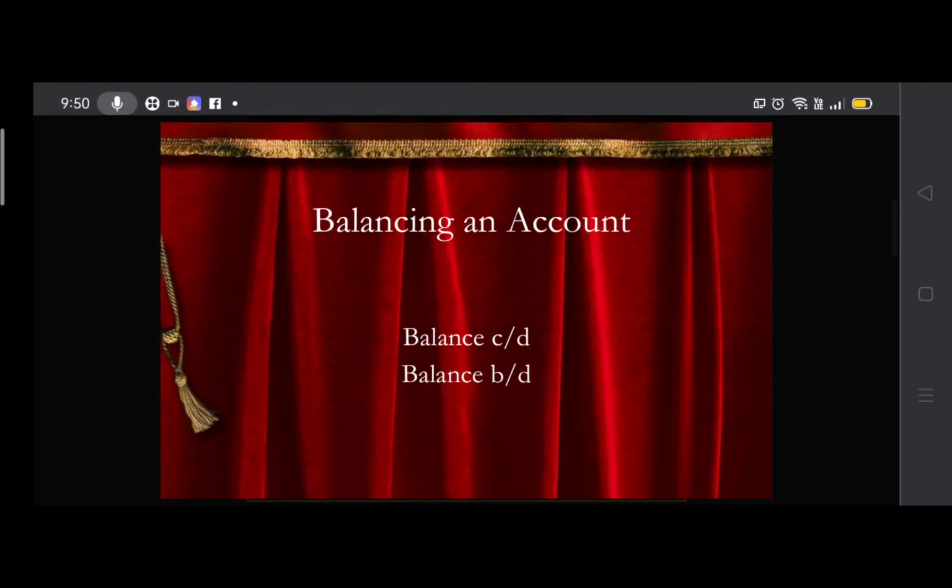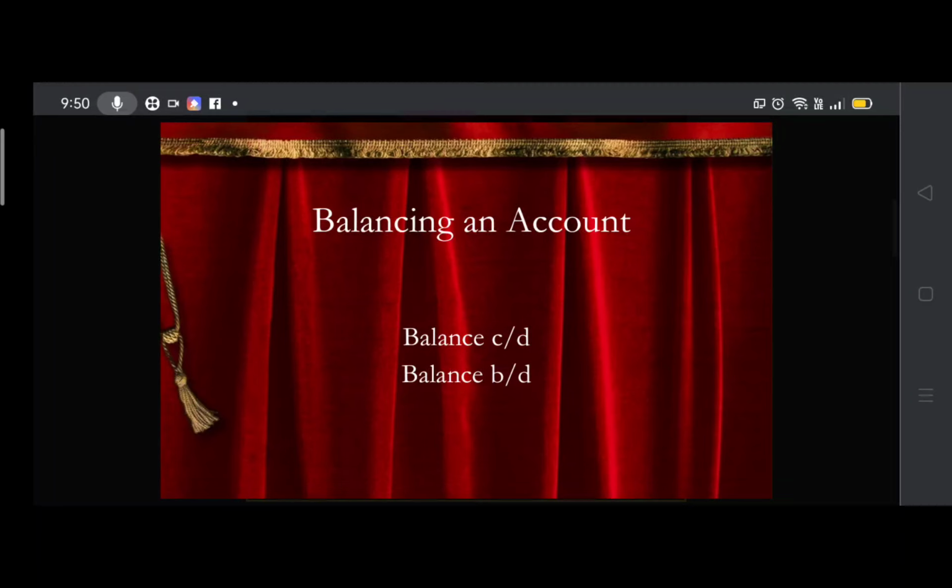For example, let us assume that the debit side is more and the same total amount has been copied to the credit side. The difference amount needed to make the credit side reach that total is what we write as the balance to be carried down to the next year or the next month.